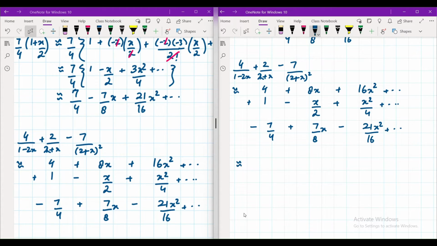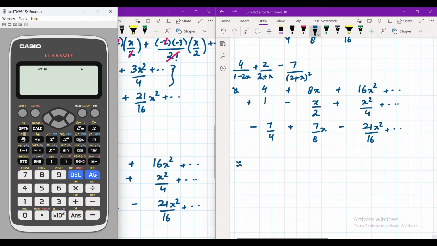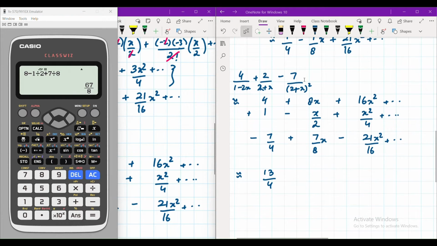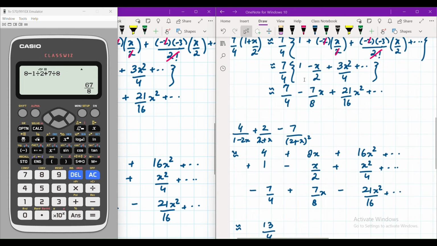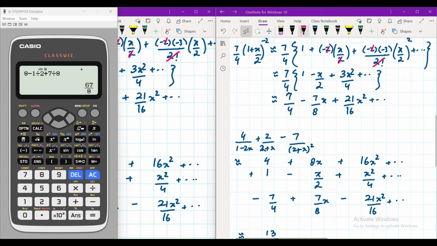Now let's calculate them. 4 plus 1, 5, minus 7 divided by 4, 13 over 4. Then we have 8 minus 1 divided by 2 plus 7 divided by 8, 67 over 8. Sorry, my bad. I think I made a mistake somewhere over here.